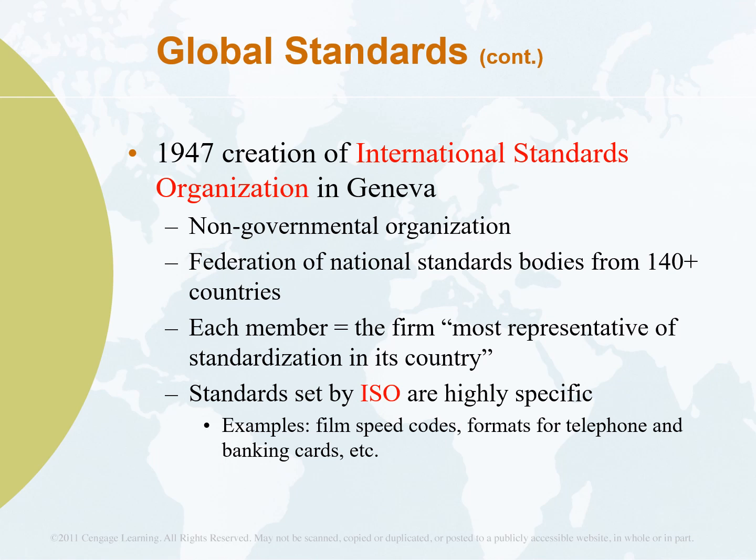Standards set by ISO are highly specific. For example, film speed codes, formats for telephone and banking cards, etc. I think you guys may not have used cameras with film, right?